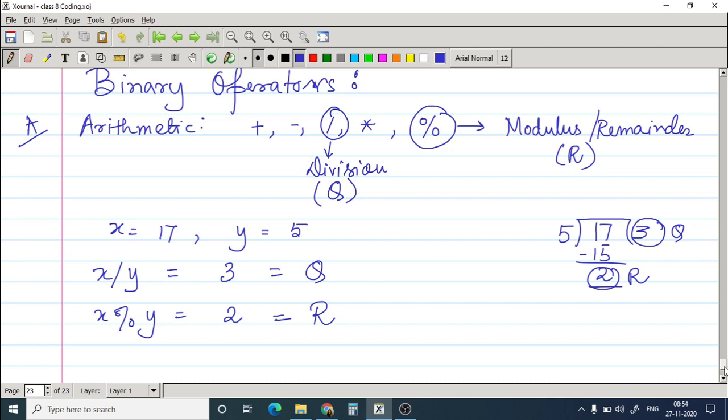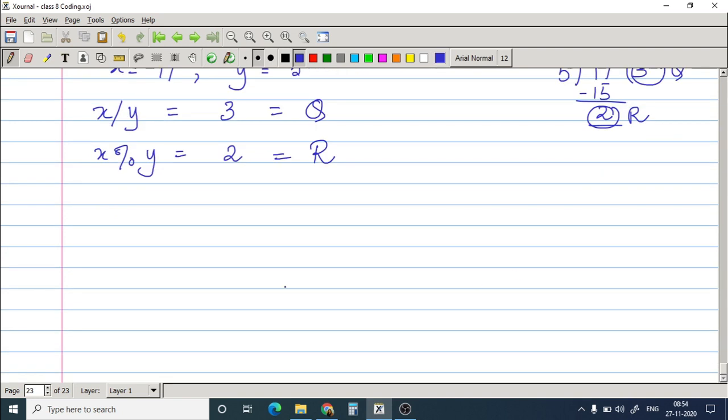Then you have relational operators. The next set is the relational operators. There are 6 types of relational operators. Let us discuss all of them.